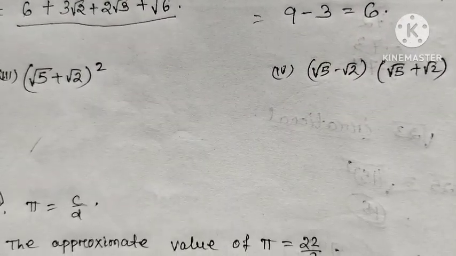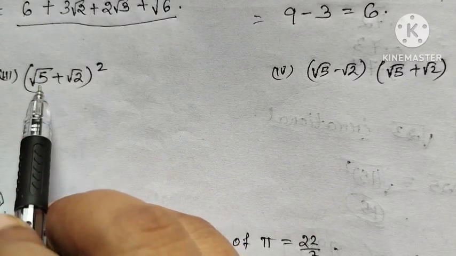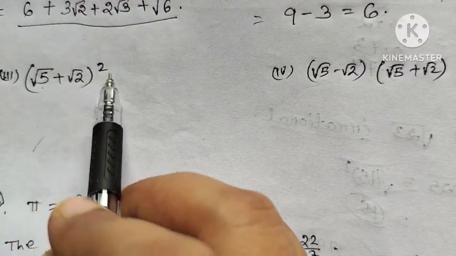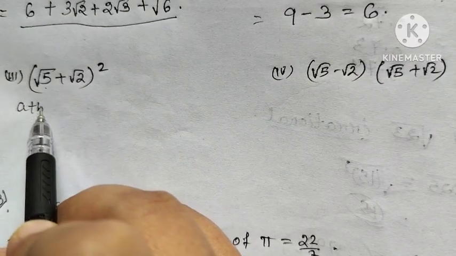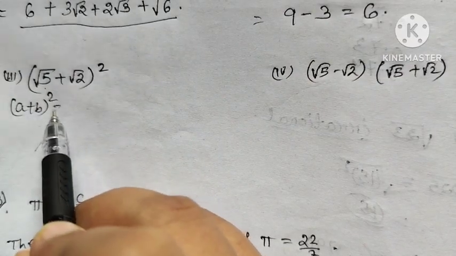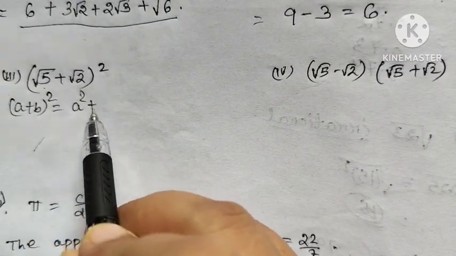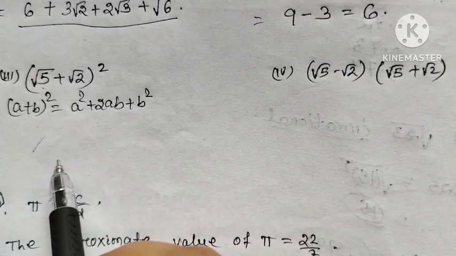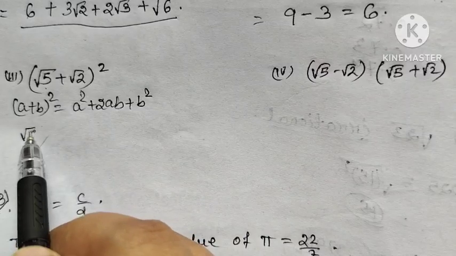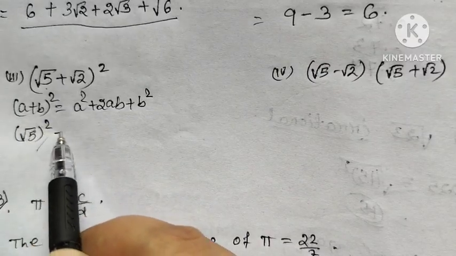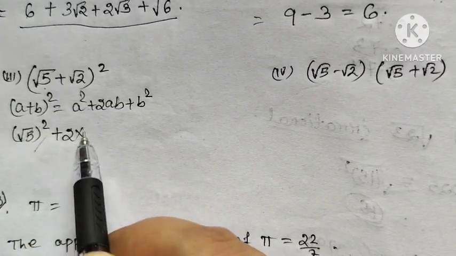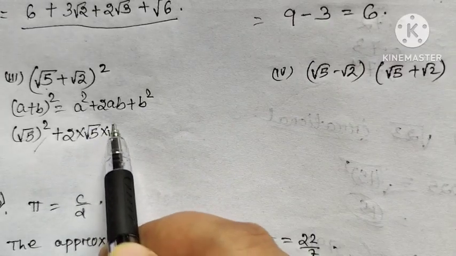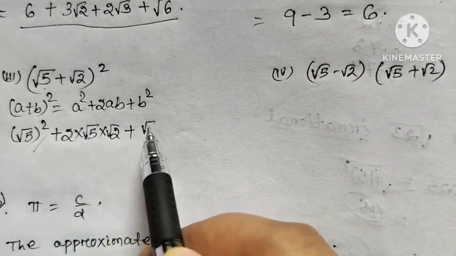Yes. Then the third is root 5 plus root 2 whole square. (a plus b) whole square, what is the formula? a square plus 2ab plus b square. Then root 5 square plus 2 into root 5 into root 2 plus root 2 square.